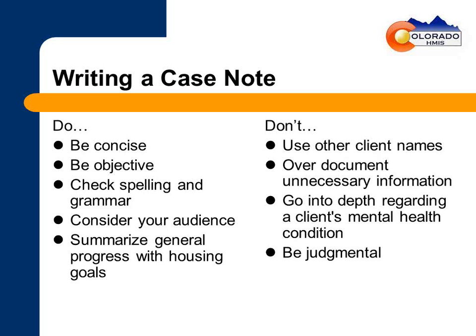If it's pertinent to your note that Tommy's brother Joe was in the apartment when you went over for a home visit, then you can just say Tommy's brother was present. You can refer to that person by their relationship to the client rather than using the other person's name. So just consider other people's privacy when you are documenting.